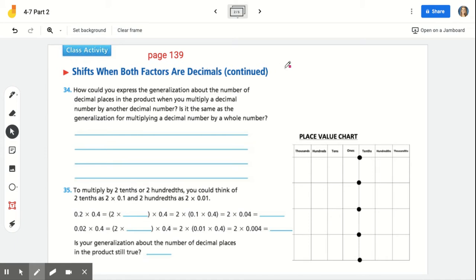So remember the academic language that goes along with multiplication is a factor times a factor equals a product. So let's write that out nice and small. Factor times factor equals product.